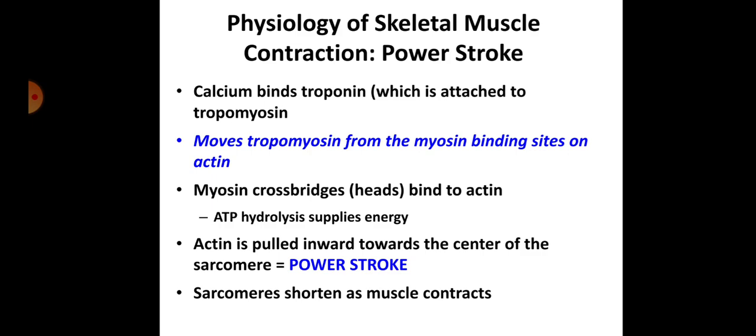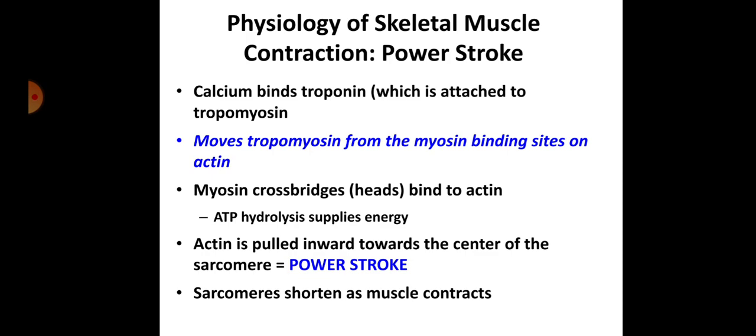Myosin cross bridges bind to actin. These cross bridges are the globular heads of the myosin. Here ATP is hydrolyzed to supply energy by ADP plus inorganic phosphate.